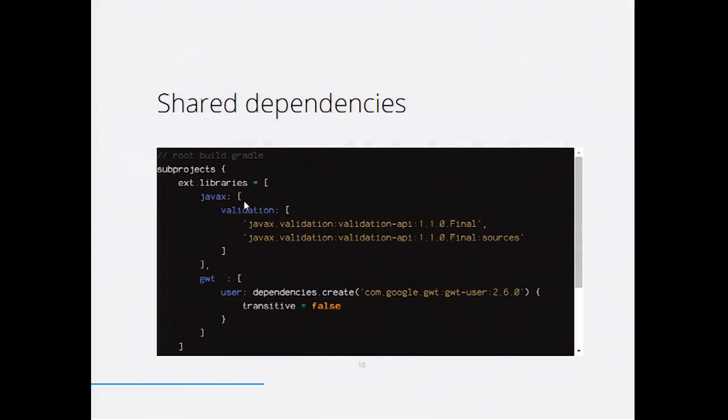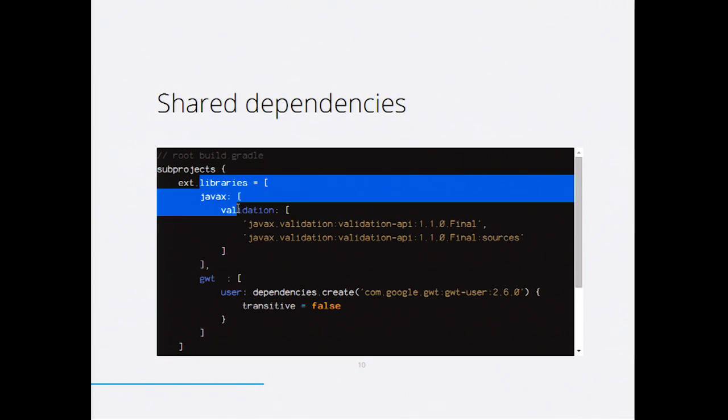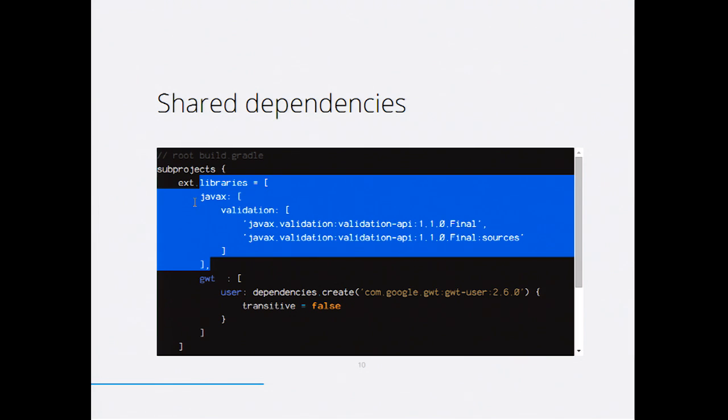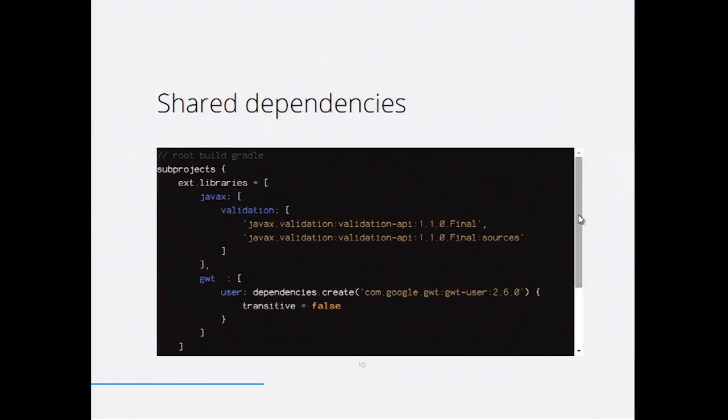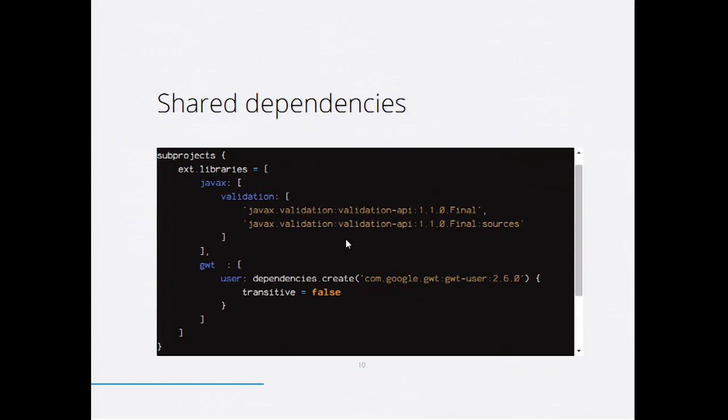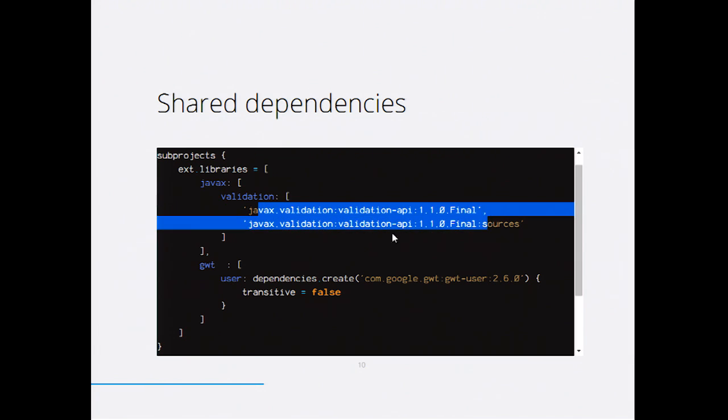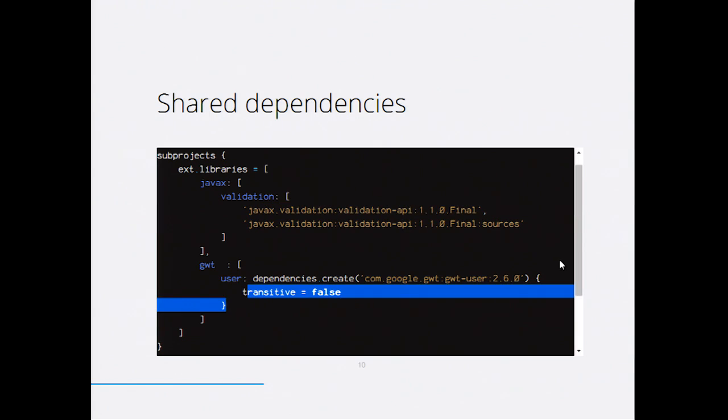How can you do that? You can globally declare such a list of dependencies. This is only to declare them. They are not directly used in your project. And you can also combine several dependencies or make some specific configuration on a dependency.